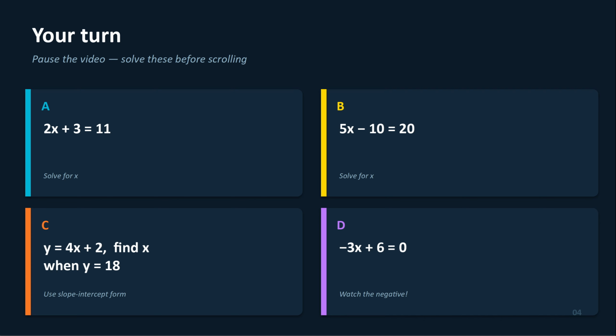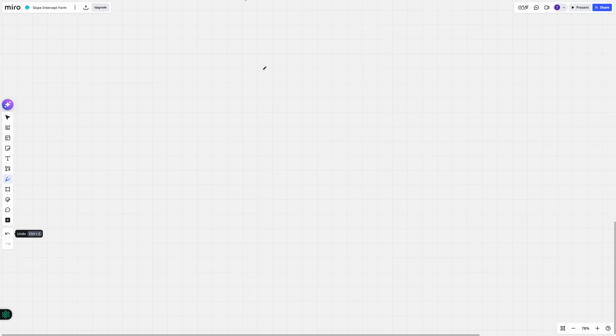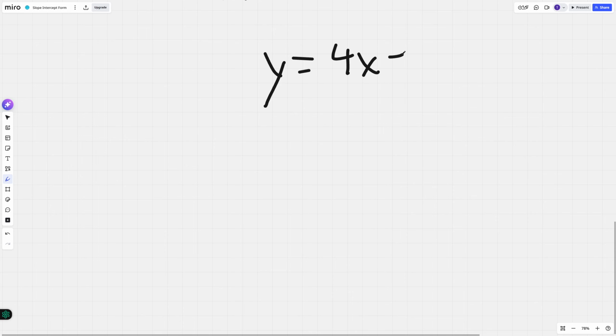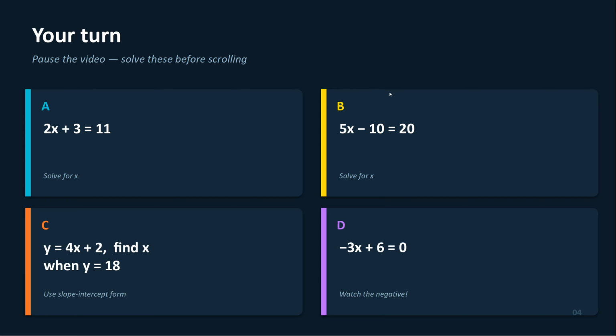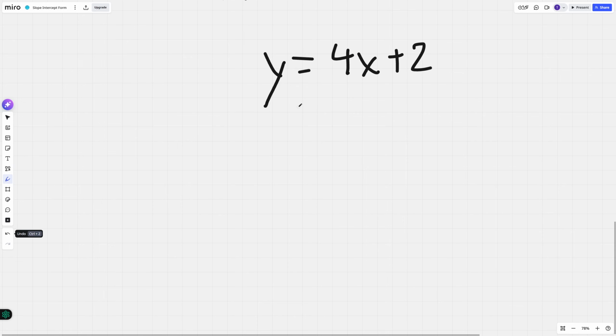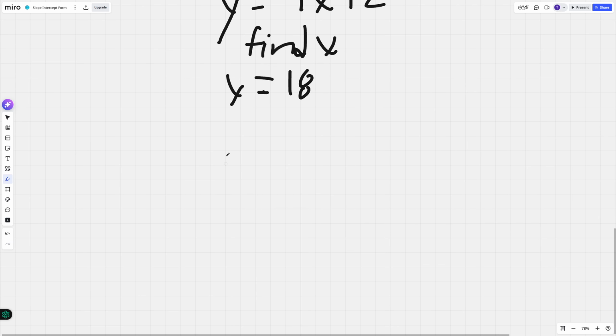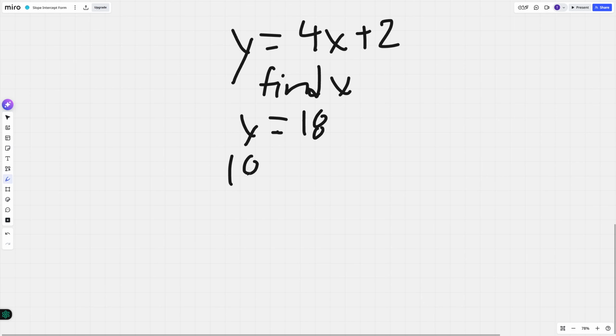Alright, next equation. Let's say you have y equals 4x plus 2. And we're finding x when y is equal to 18. So if y is 18, you plug that in as 18 equals 4. We don't know x, so we leave it. Then plus 2.